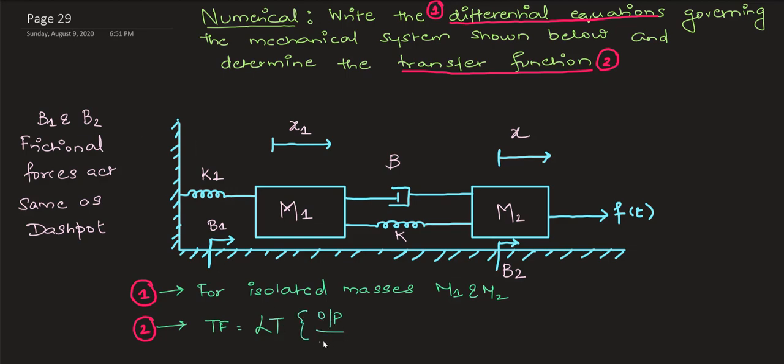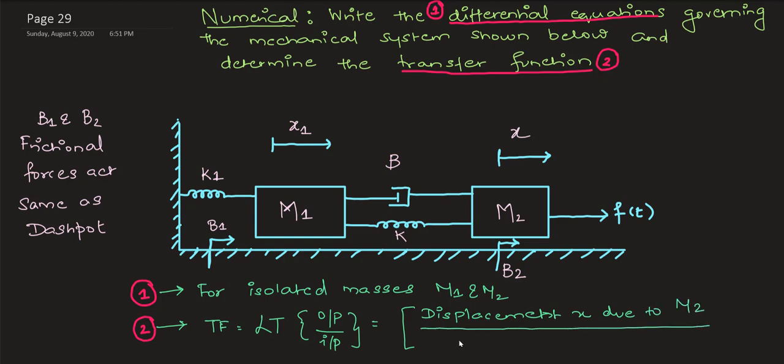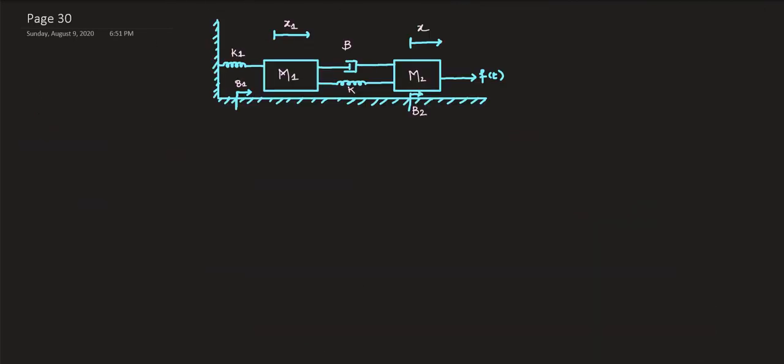Taking the Laplace transform of output by input is going to be done here. So which is your output side? You have to take care to see what comes on the output side and what comes on the input side. Mostly the force f of t acting on the system is the input, because that is the force your system is subject to, and depending on that force you produce a certain displacement, which is your output.